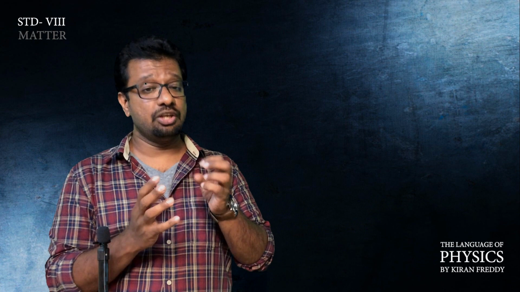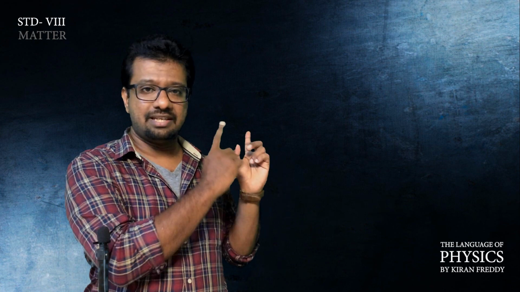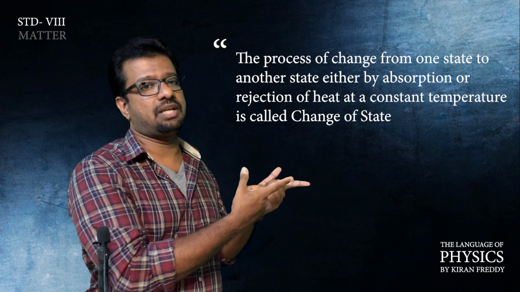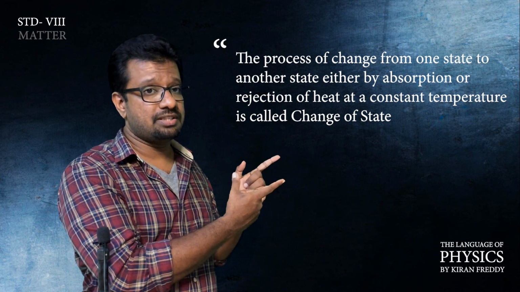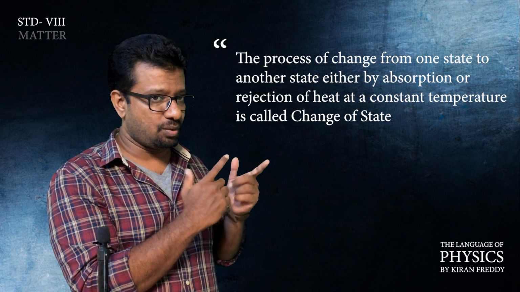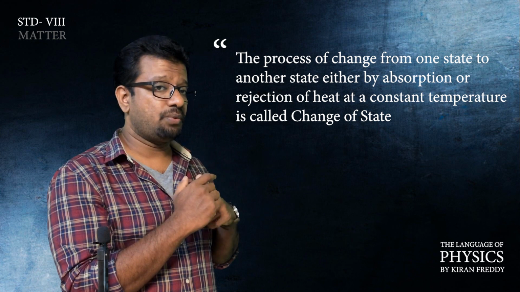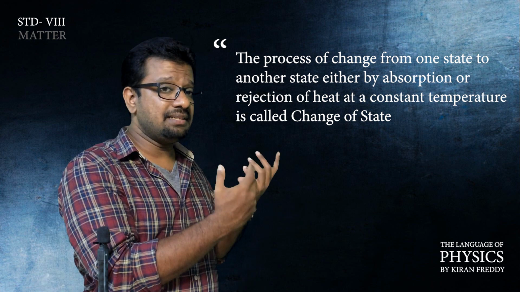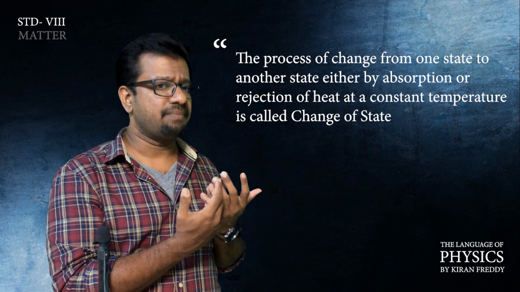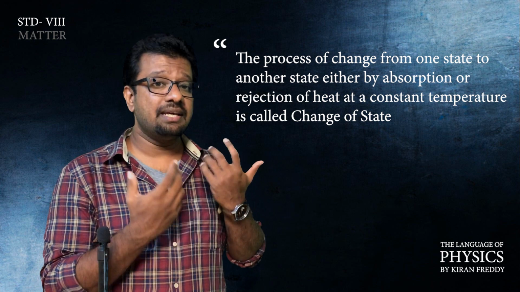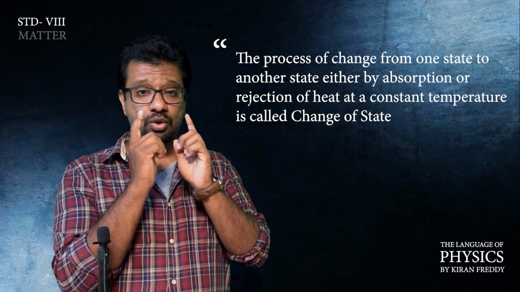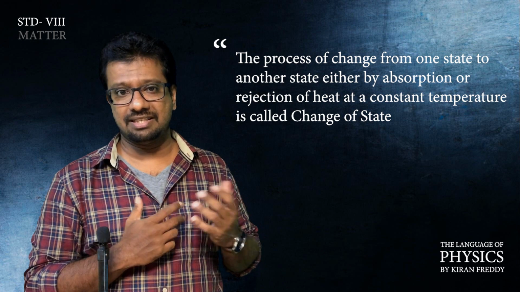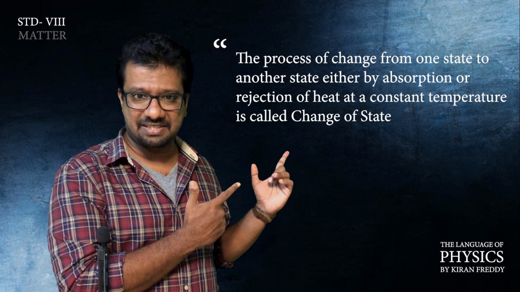So we need to include this thing also in the definition. We are going to study this definition, and you need to study it now itself. The process of change from one state to another, either by absorption or rejection of heat energy, at a constant temperature, is called change in state or change in phase. See what we explained in this definition.